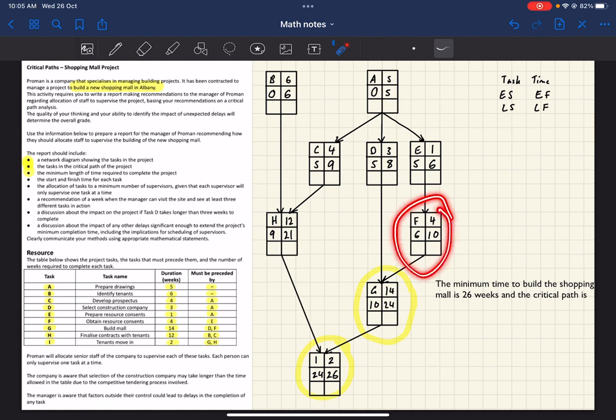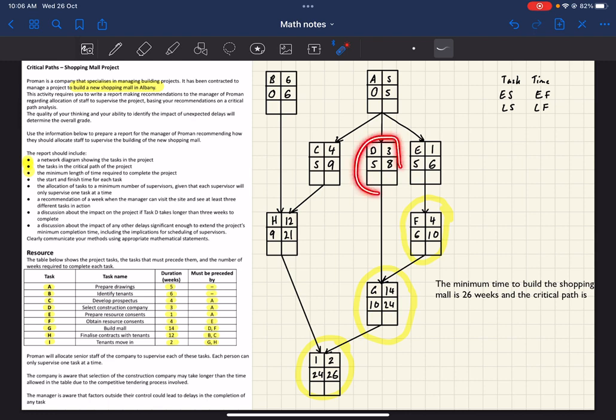But this one has to finish before this one starts, because this one has to start on time. So since this one starts at 10, the ones before it have to finish at 10. And because 10 is the earliest finish time for this one, it has to start and finish on time for this one to start and finish on time, so that you'd finish the whole project.